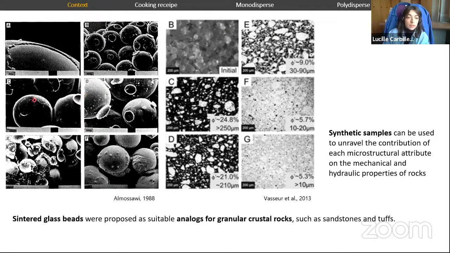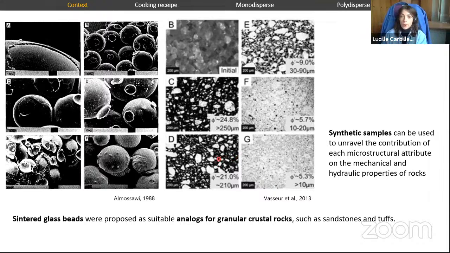And here you have examples of a study from Amosawi in the 80s, and more recently a study from Vassar. They both used glass beads as analogues for quartz grains, and Vassar proposed sintered glass beads as suitable analogues for granular crystal rocks, such as sandstones.